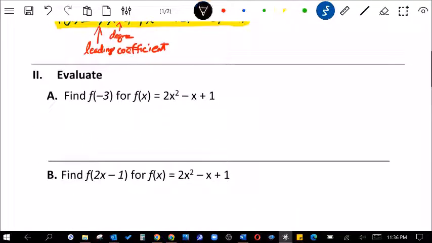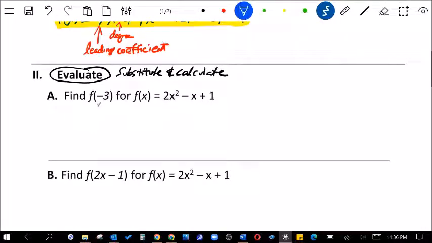To evaluate simply means to substitute. Substitute and calculate. So we're going to take that negative 3 and we're going to put it inside here. We're going to call it f of negative 3 equals 2 times negative 3 squared minus negative 3 plus 1.